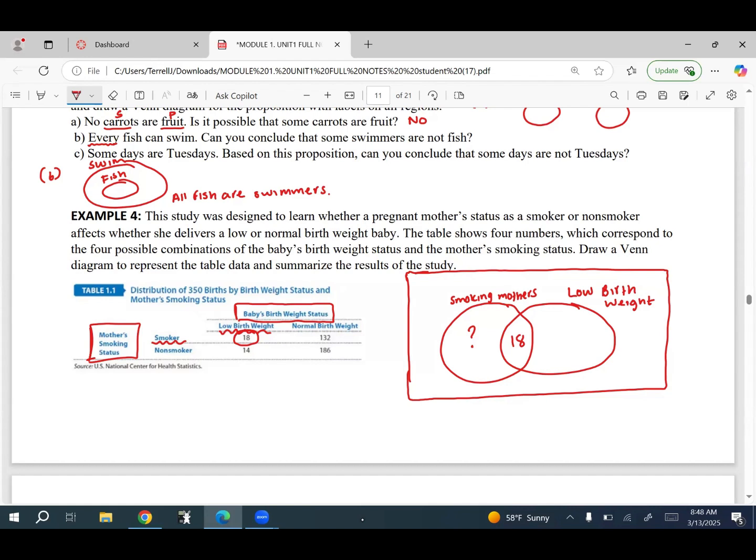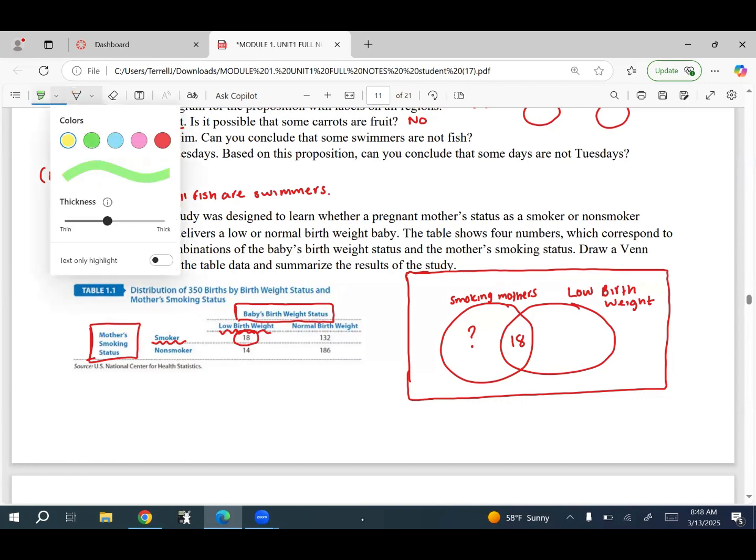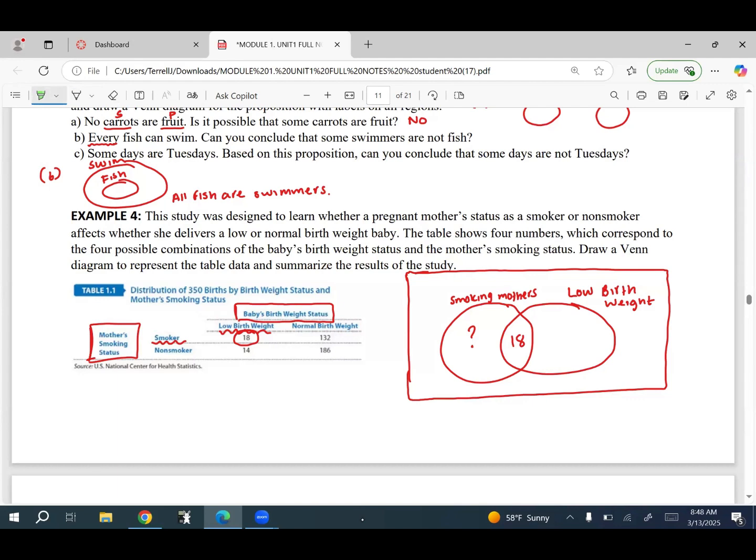So when we look at that, we're looking at mothers that smoked, but also you see how this piece that I'm talking about is not connected to low birth weight babies. So really what we're interested in is mothers that smoked, but they did not have low birth weight babies. That would be, they had normal birth weight babies, but they still smoked. So this is 132.